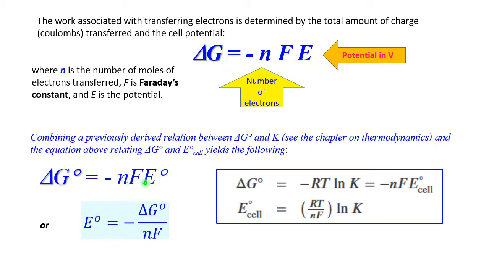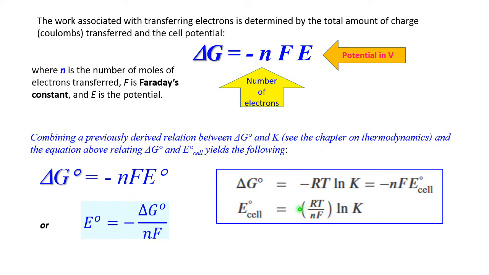This is the general case, this is just for 0. Now we can solve this equation for E0. You have delta G0 divided by minus NF. Or you can write that delta G0 is minus RT natural log of the equilibrium constant. Then you have the voltage of the cell, RT divided by NF, ln K.